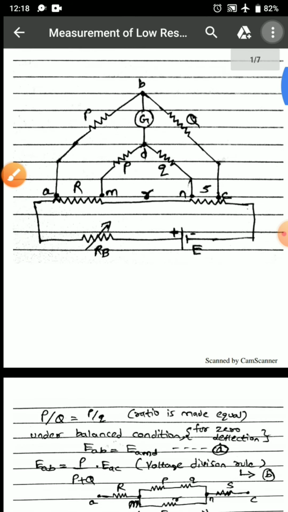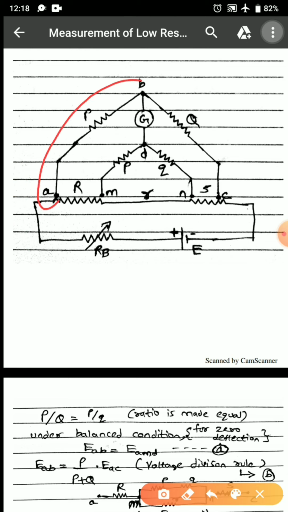Now when I am talking about the bridge balance condition, we know that for point B and point D, bridge balance means no current will flow across the galvanometer. The current flowing across the galvanometer is 0. Now when this is 0, it means that B and D are at the same potential and A is a common point.